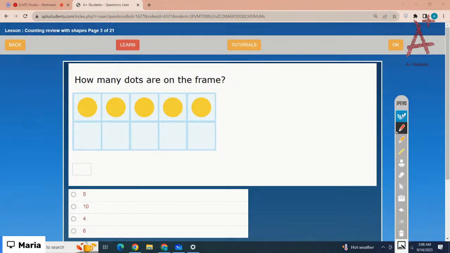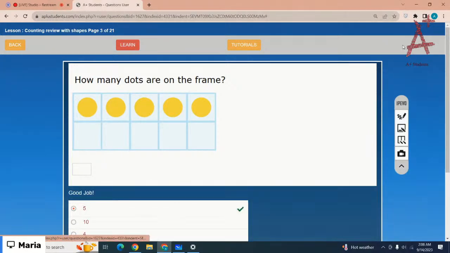So there are 1, 2, 3, 4, and 5, right? So that means there are only 5 circles in the frame. So the correct option is 5. Just select the correct option and then click on the OK button.